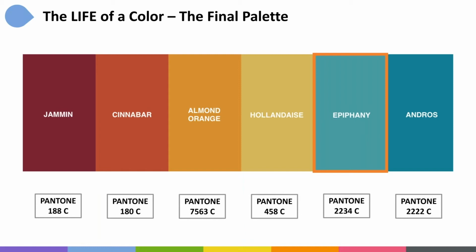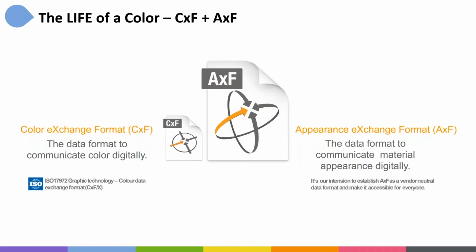So not only do we have Pantone to communicate, but we also have two different data formats, which are proprietary X-Rite formats. The first one is CXF, which you may be familiar with, which is an ISO standard, and is used for communicating color digitally.